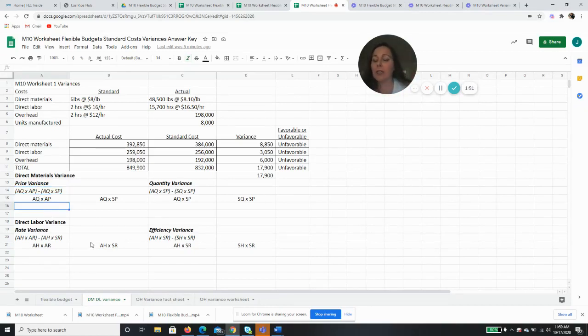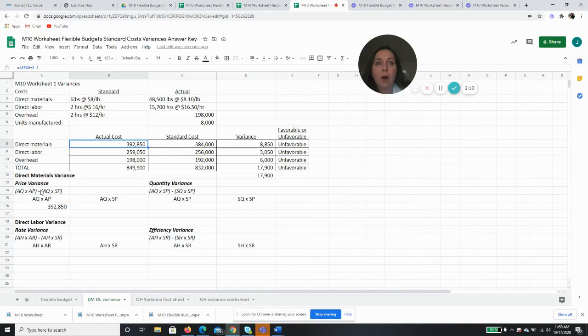All right, so let's calculate these separately. First, we have actual quantity times actual price. So our actual quantity was 48,500. Our actual price was $8.10. Okay, $392,850.